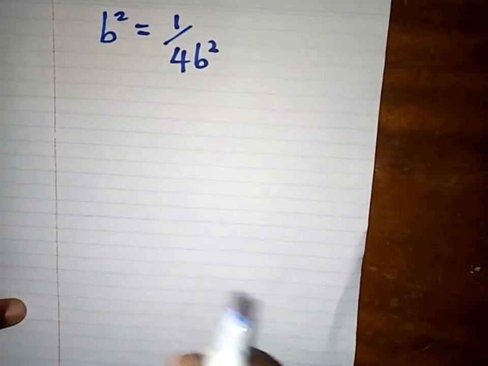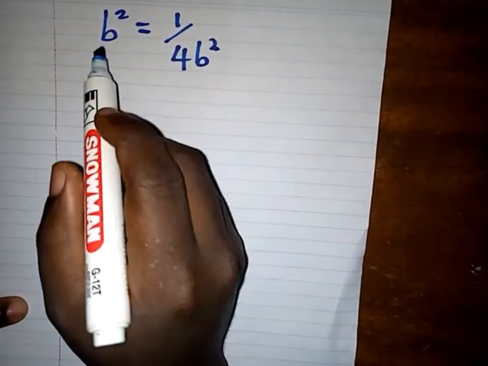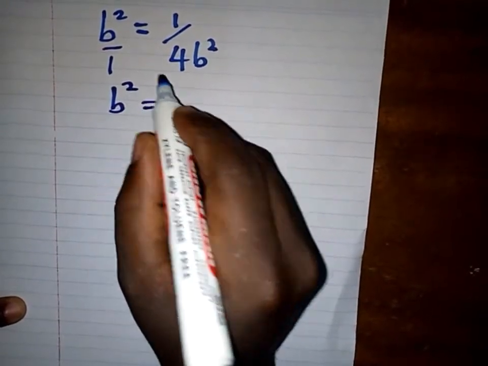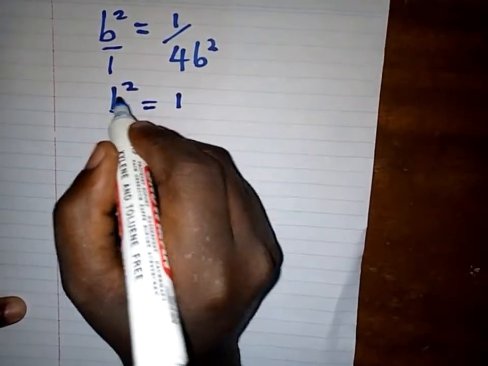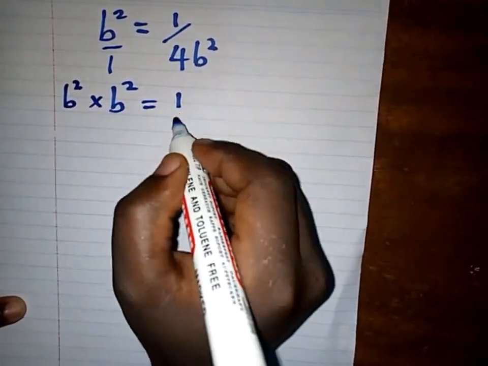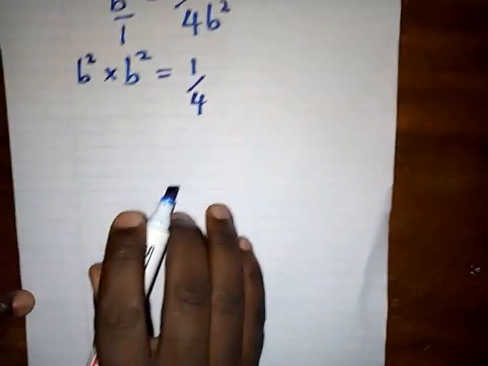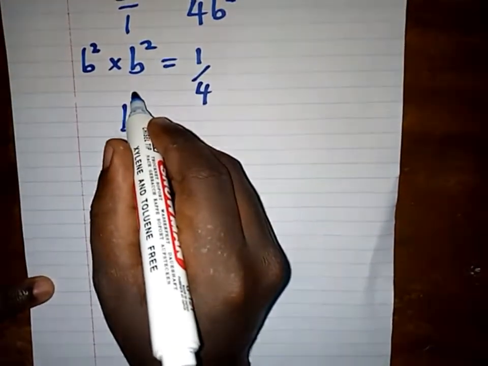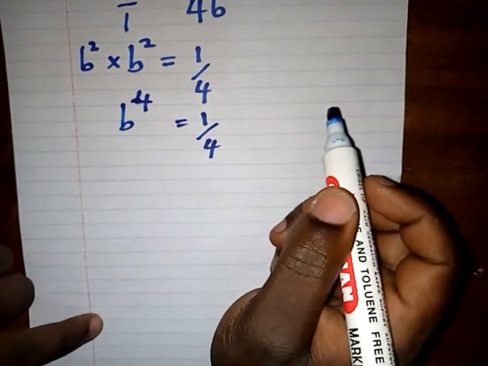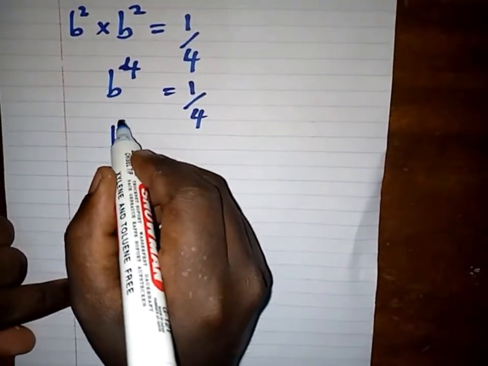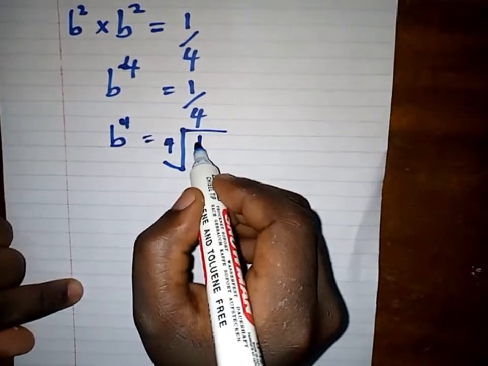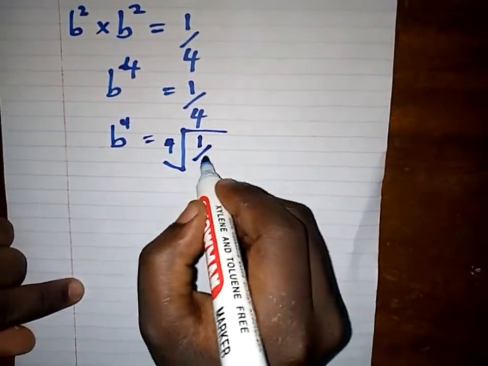So this b squared we can cross multiply and take this b this side, so remain with b squared times b squared equals 1 out of 4. Same as b to the power 4 equals 1 out of 4. So the fourth root of 1 out of 4.